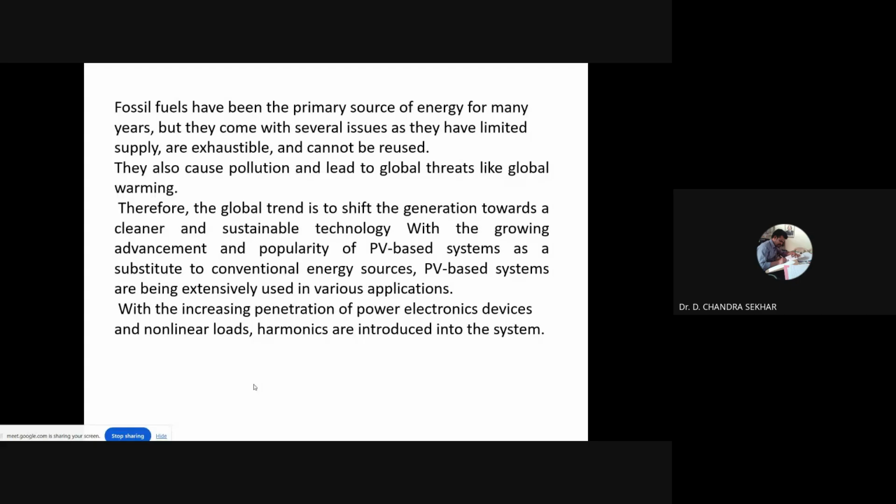With the growing advancement and popularity of PV based or solar cell systems, they are extensively used in various applications. With increasing penetration of power electronic devices and nonlinear loads, harmonics are introduced into the systems.